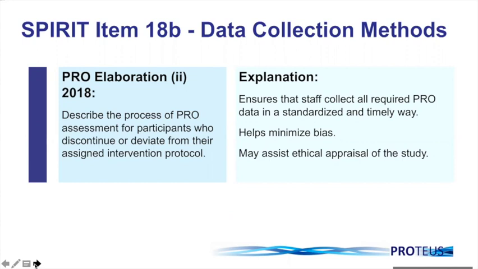So we would perhaps reduce the dose, which would be to deviate from their assigned intervention, or we would discontinue completely. Now, once we've discontinued the trial intervention, then the patient may be put onto off-trial treatment, as it would be unethical not to give the patient some treatment.